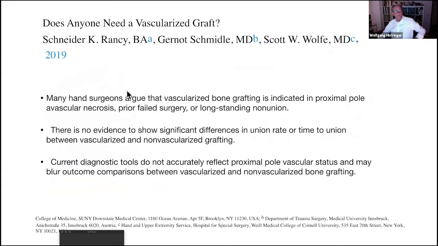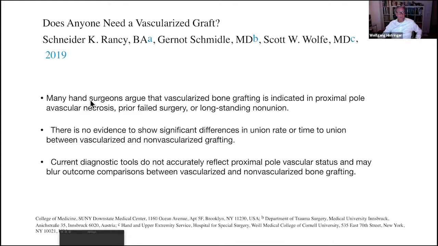And so you can see here in 2019, Schneider, Renzig, Schmiedele, Scott, Wolf brought out a paper, does anyone need a vascularized bone graft? I was at the ASSH this year in Las Vegas, and that paper was a big discussion between the plastic surgeon who tends to make vascularized bone grafts and the trauma surgeon who tends to make no vascularized bone graft, more or less always only cancellous bone grafts.